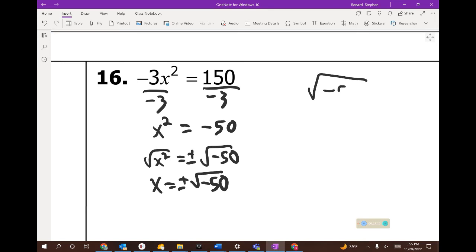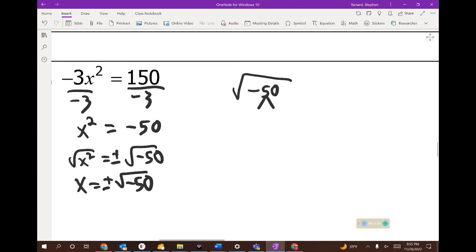We have the square root of negative 50. The first thing I want to do is, again, go back to my rules and remember one of the rules we had was the square root of a times the square root of b equals the square root of a times b. And that also works the other way.